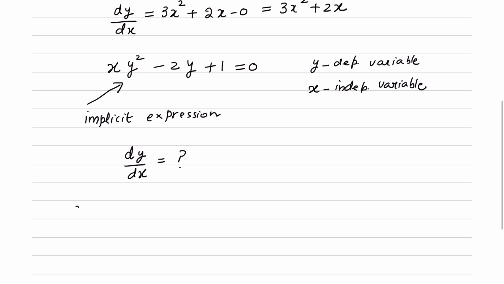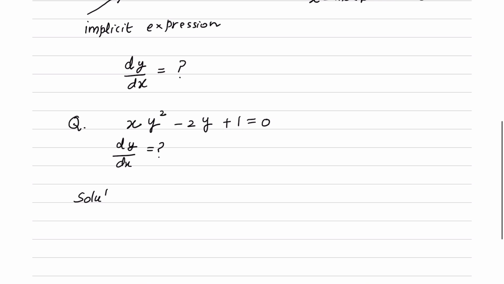So let's attempt a question. We have an expression xy square minus 2y plus 1 equal to 0. This is an implicit expression and the question is to find dy by dx. So to find the derivative in this case, what you will do is write this whole expression as it is.